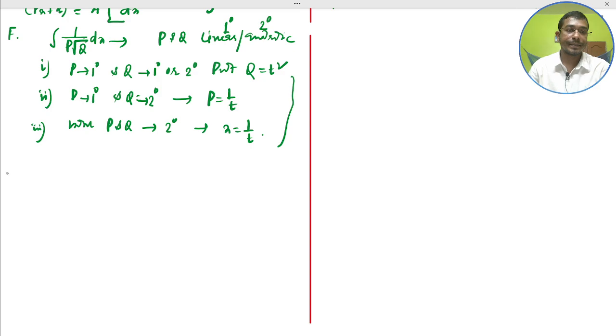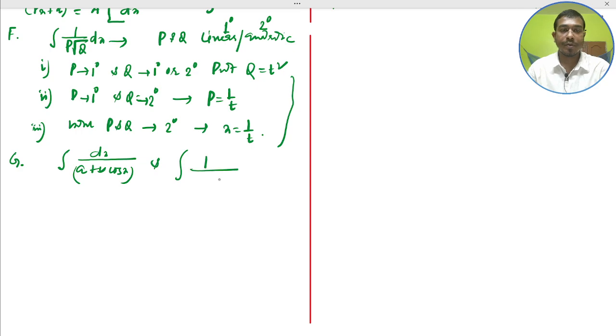Next, very important, the form integration 1 by a plus b cos x dx and 1 by a plus b sin x dx.